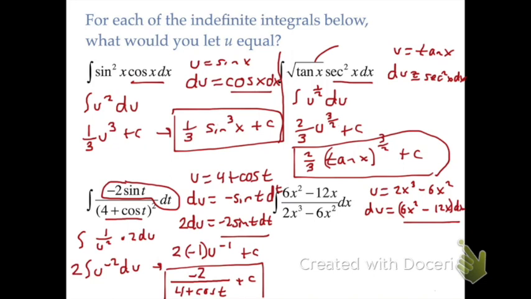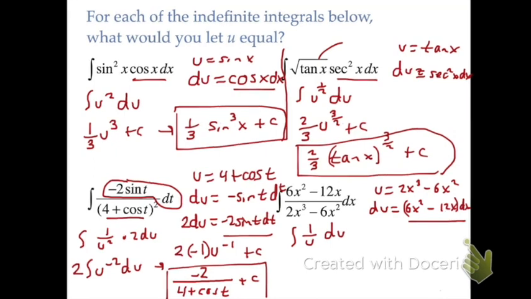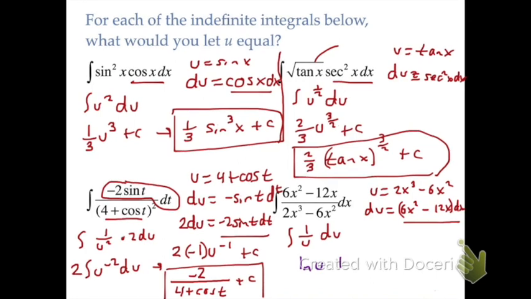So when we do this, we get the integral of 1 over u du. If you recall what the antiderivative of 1 over u du is, it's ln of u plus c. So in this case, we need the ln of 2x cubed minus 6x squared plus c.